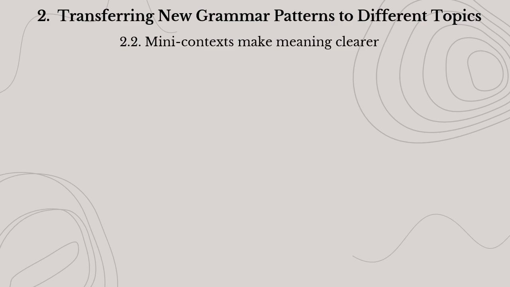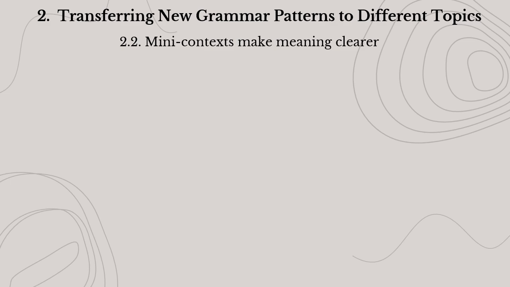Besides creating example sentences under various topics, teachers can use what we call mini contexts to help make meaning clearer to students. This is because sometimes the topics the teacher introduced to students might be unfamiliar to them.